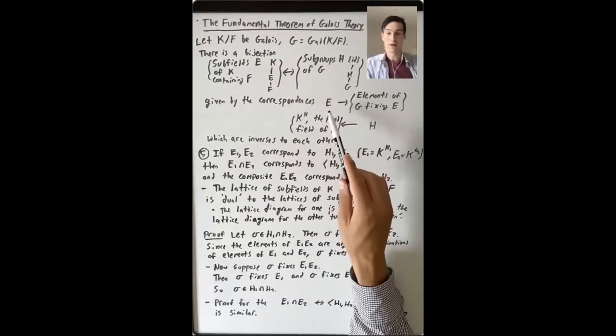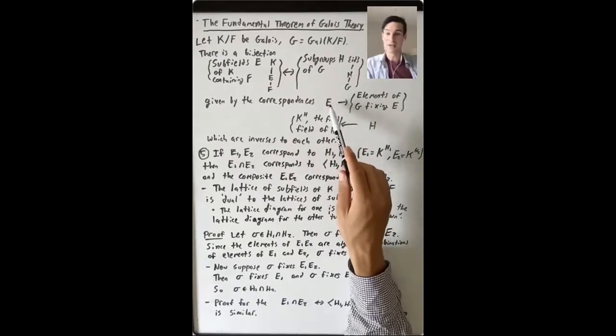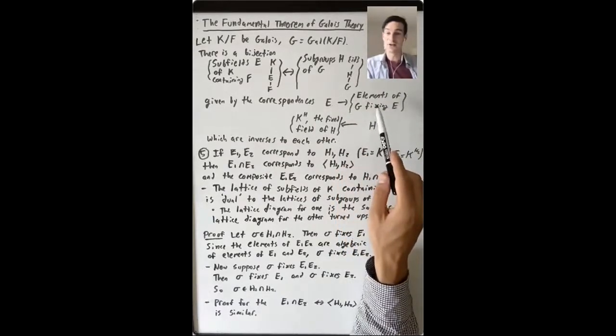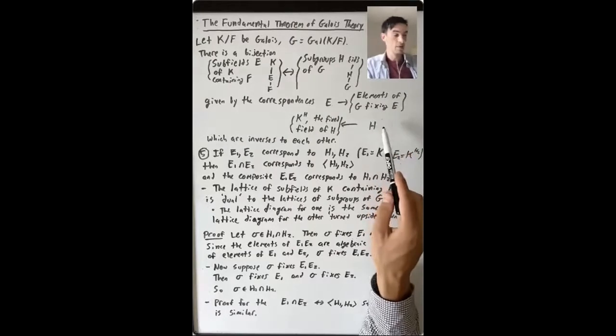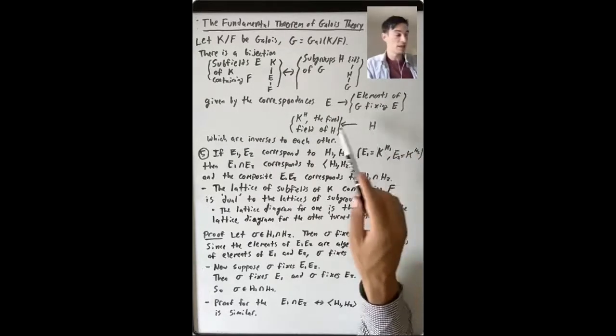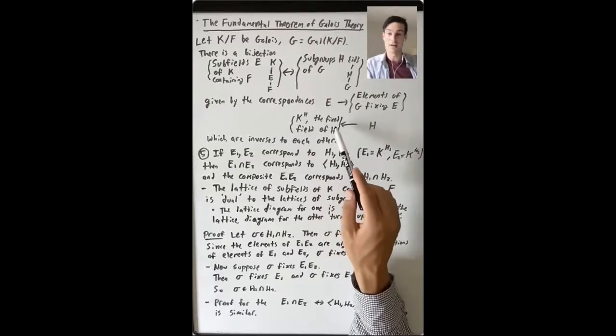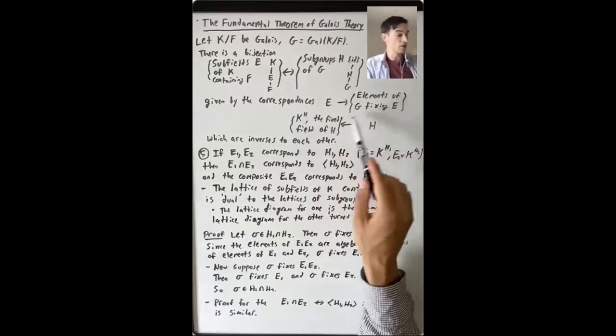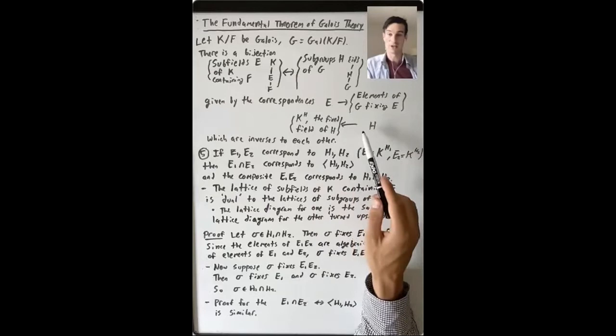Given by the correspondences, we take a field E to the subset of elements of G fixing E, and we take a subgroup H of G to K_H, the fixed field of H. And these correspondences are inverse to each other.